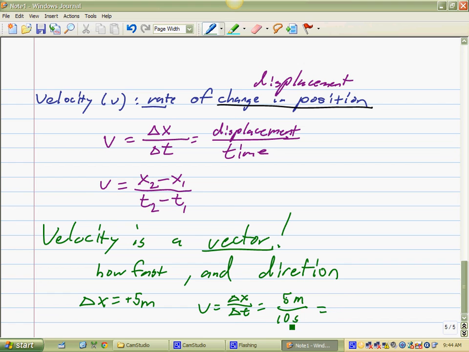And we have meters per second, because we have meters on top, seconds on the bottom, and we keep our units. So velocity is also measured in meters per second. That's the unit that we like to see for velocity.